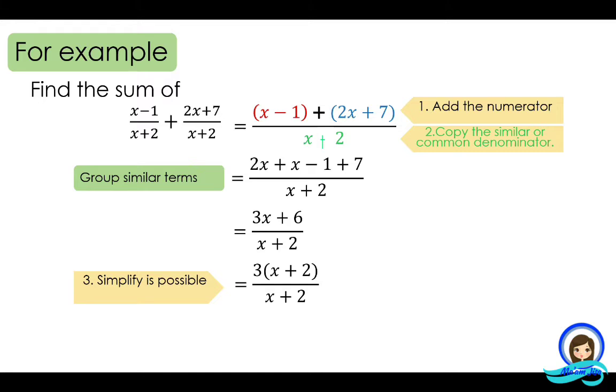Therefore, 3x plus 6 is just the same as 3 times quantity x plus 2. So that we can cancel this, because the GCF, or the greatest common factor, between the numerator and the denominator is quantity x plus 2. Therefore, the final answer is 3.